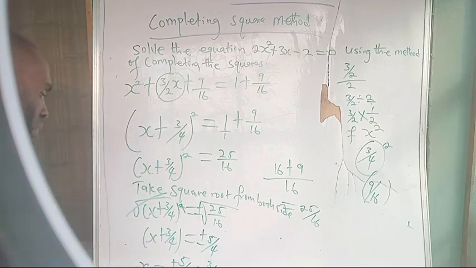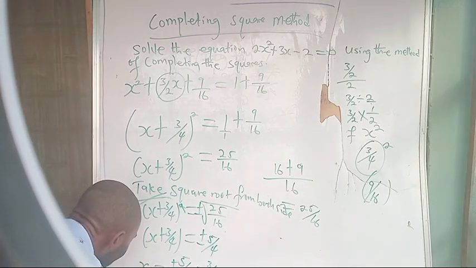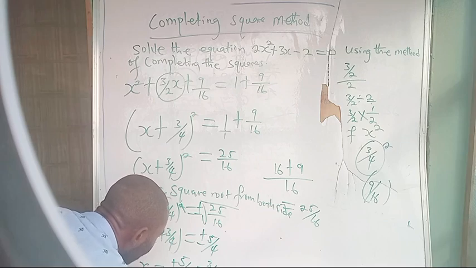But first of all, we'll go with the first sign, which is plus, then we'll use the second sign. So going with the first sign, x is equal to plus 5 all over 4 minus 3 all over 4.